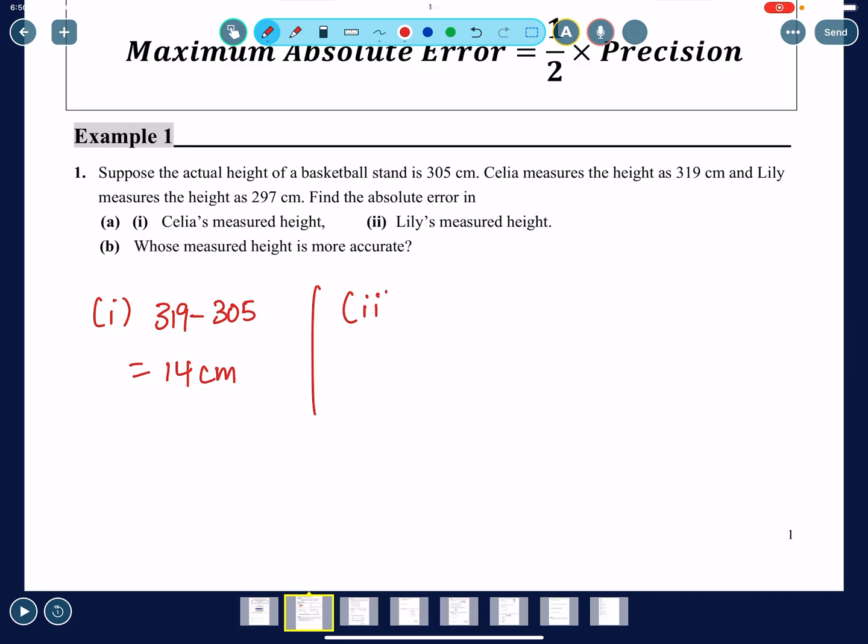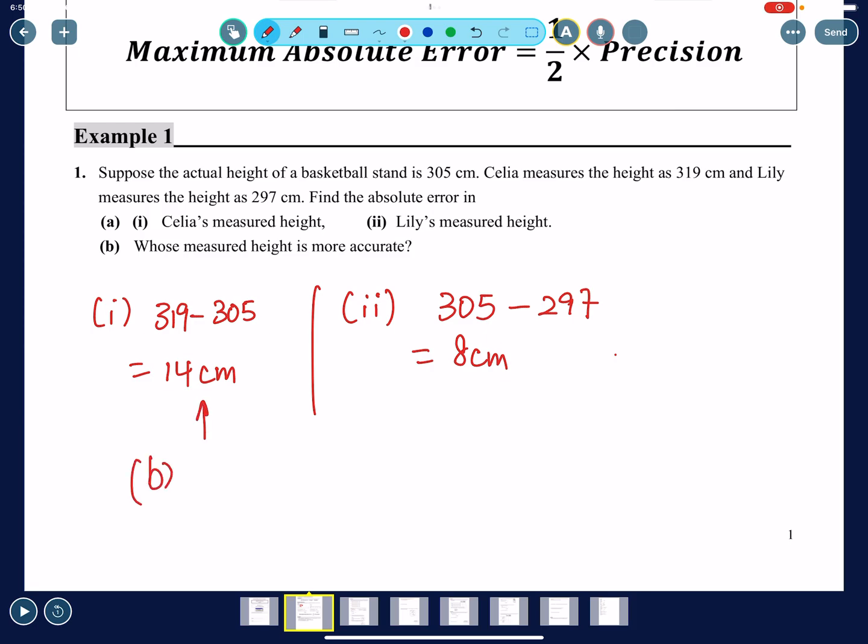Now for Lily, she measured a lower number, 297, but it's still an error. We're going to use the higher number, 305, the actual height, minus the measured value, 297, and it's going to give you 8 cm. Now, who measured the height more accurately?